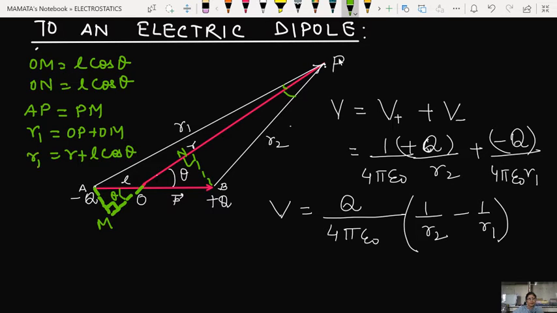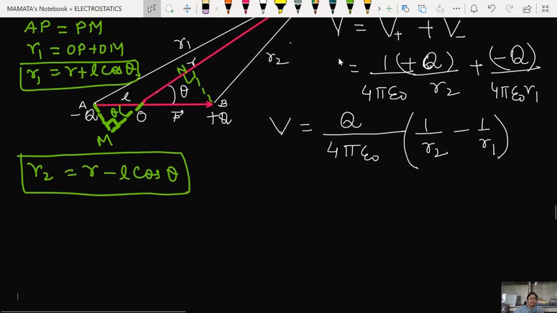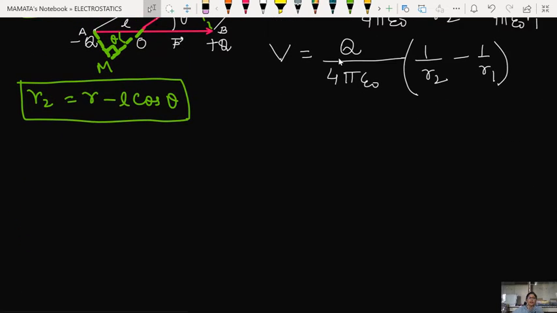Similarly, what is the value of R2? It will be equal to r minus l cos theta. So we get the formulas for R1 and R2 in terms of r, l and theta.